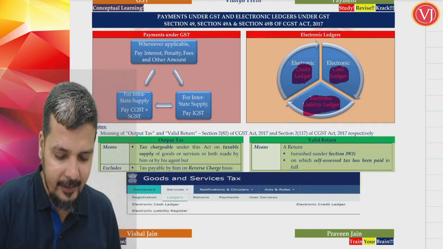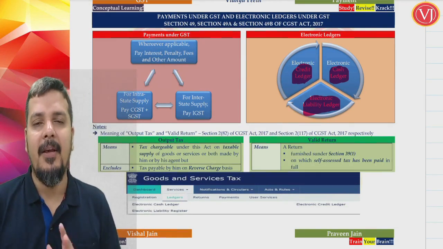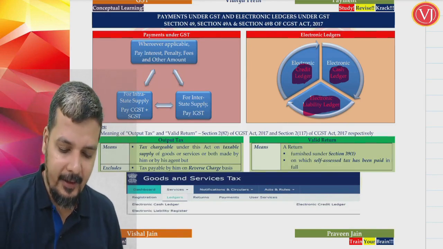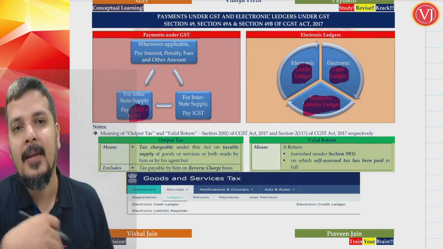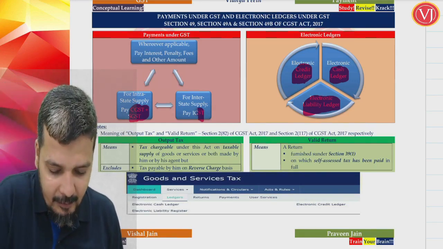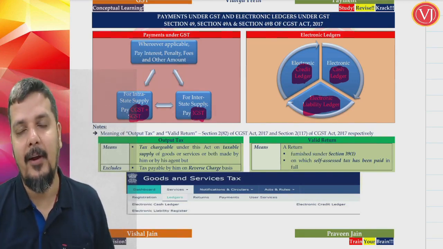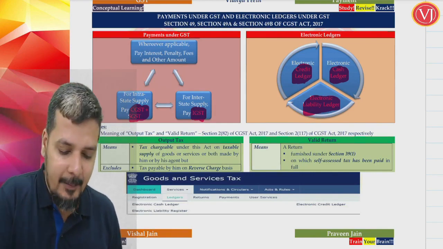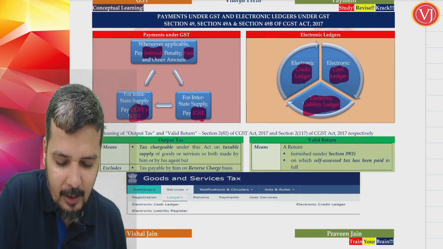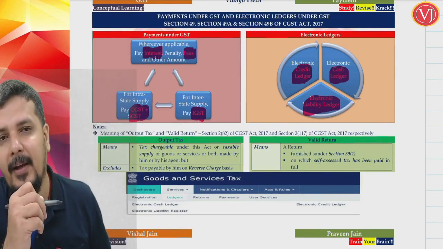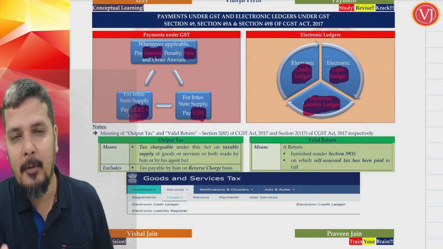Now, as already discussed, when you talk about payment, what are the basic kinds of tax? If it is an intra-state supply, it will be CGST, SGST or CGST, UTGST as the case may be. If it is an interstate supply, it will be IGST. So these are liabilities. Plus additional liabilities can be: if you are paying late, you may have to pay interest. If you are filing your return late, you may have to pay late fees, or for appeals you may have to pay fees.